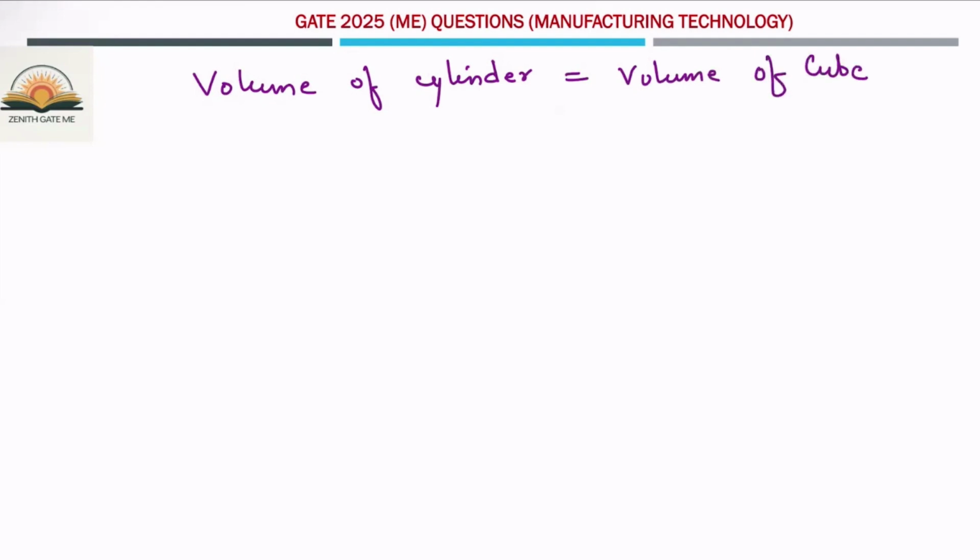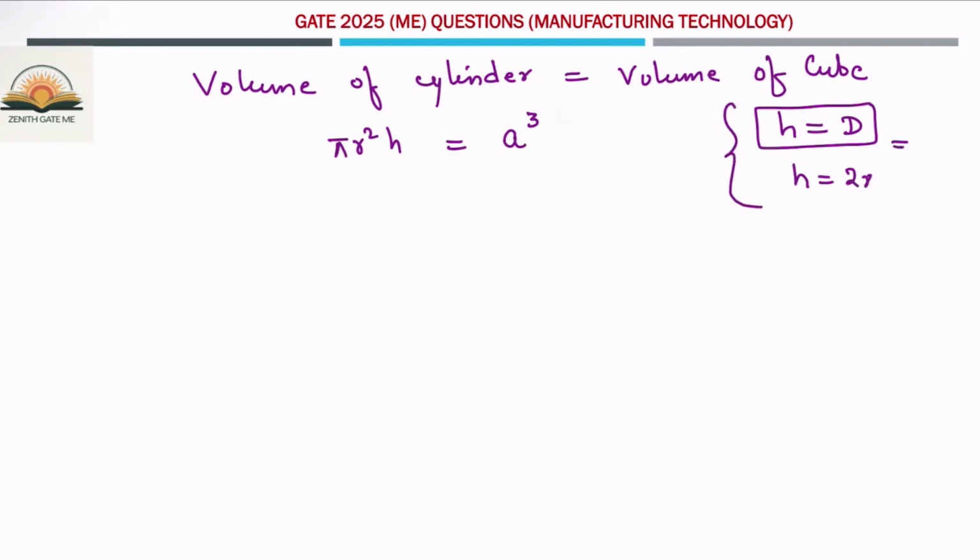So volume of cylinder means pi r square h, and the volume of cube is a cube. And it is also mentioned h is equal to d. That means the height of cylinder is equal to the diameter of cylinder. So can I write h is equal to 2r? This is for the cylinder.